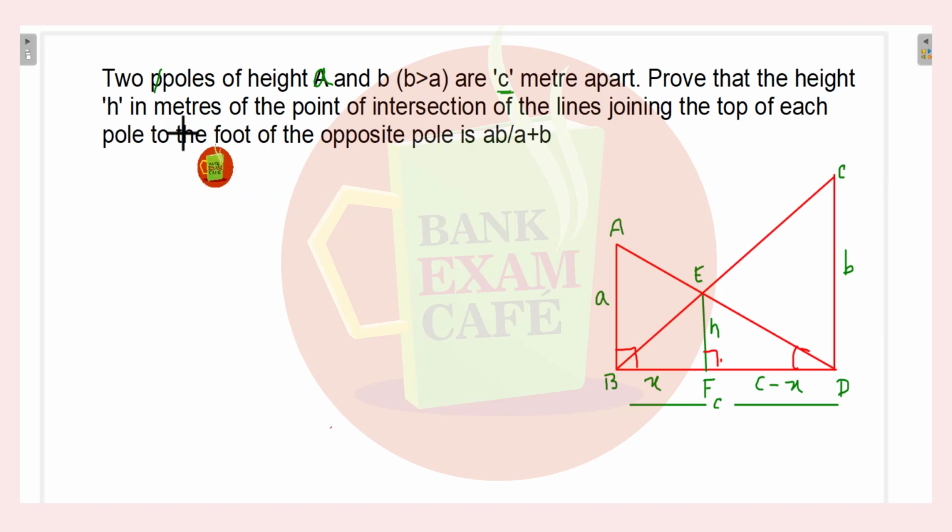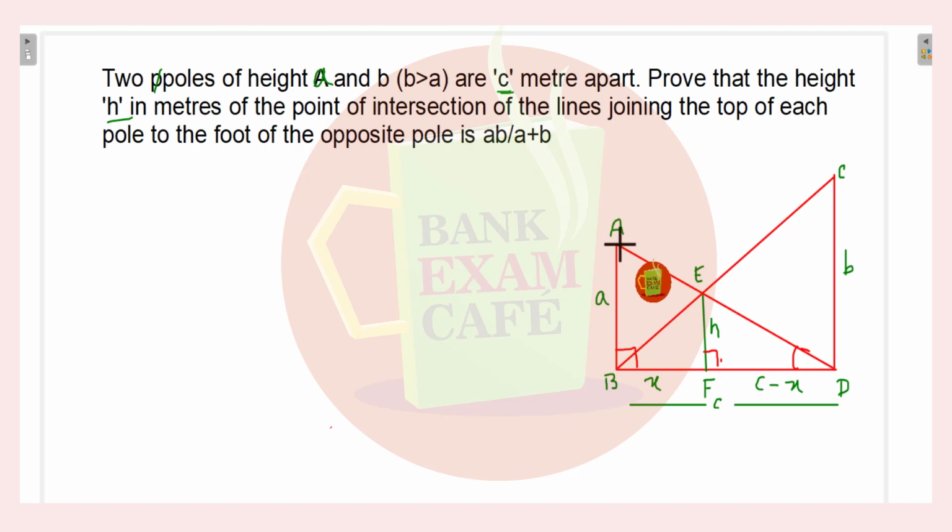Prove that the height h in meters of the point of intersection of the lines joining the top of each of the poles to the foot of the opposite pole.